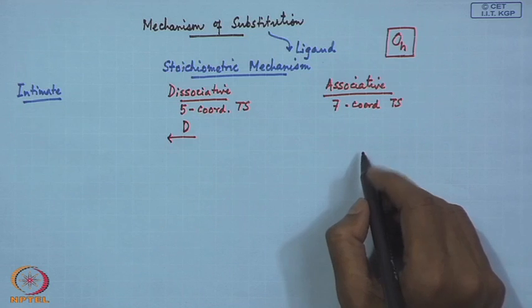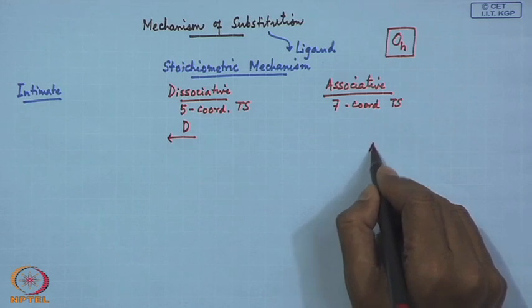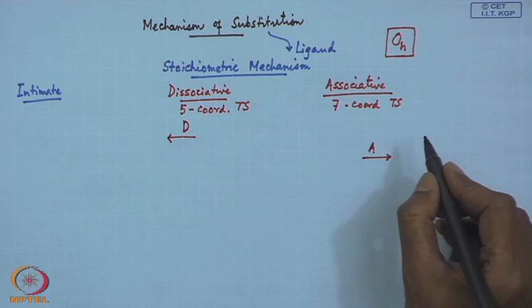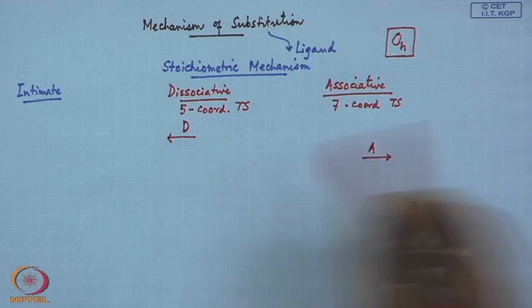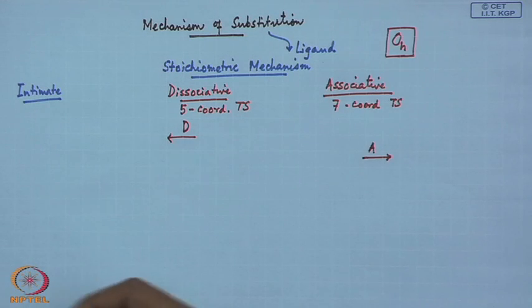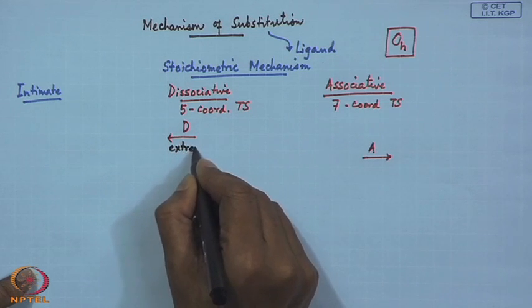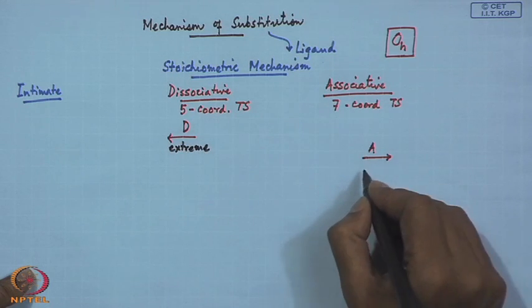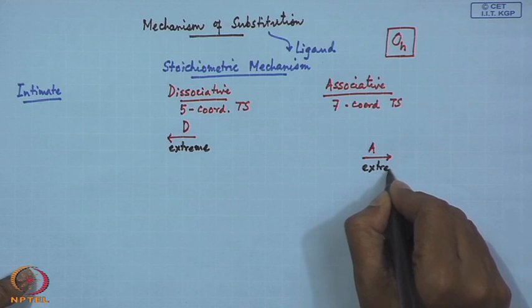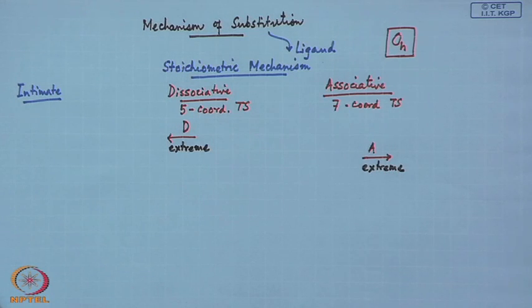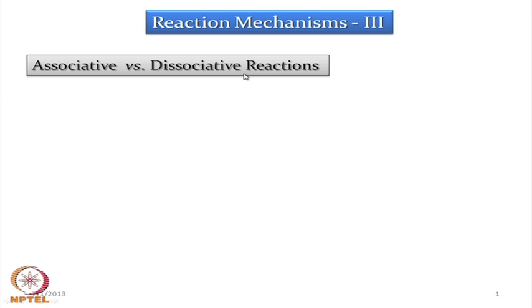And at the other end we have the associative reaction for the extreme cases. So, these two, that means D and A, are two extreme cases for these reactions.